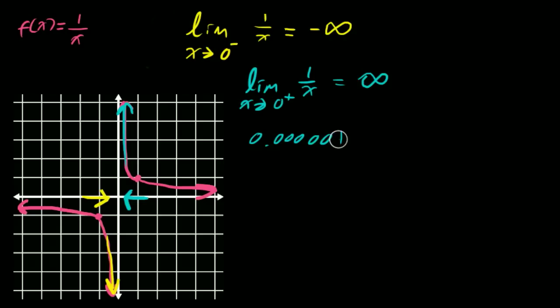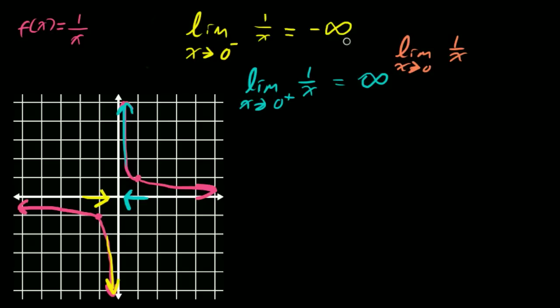So now, you might be wondering, what is the overall limit as x approaches 0 of this function 1 over x? And you might be tempted to say, hey, as we approach from the negative side, this is negative infinity. As we approach from the positive side, this is positive infinity. Those are kind of the same thing, right?